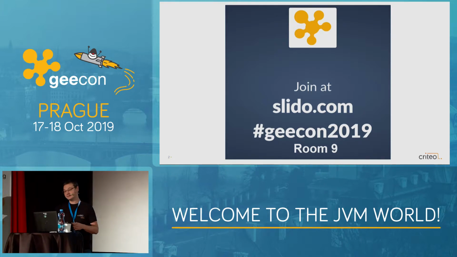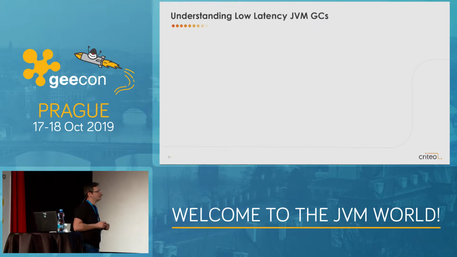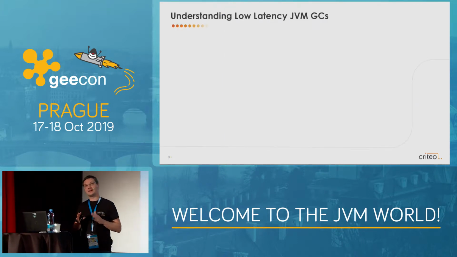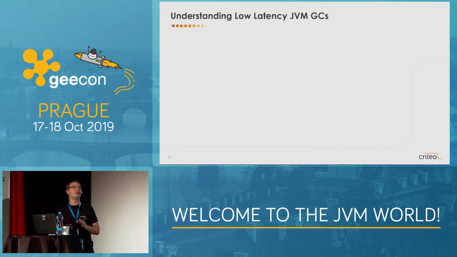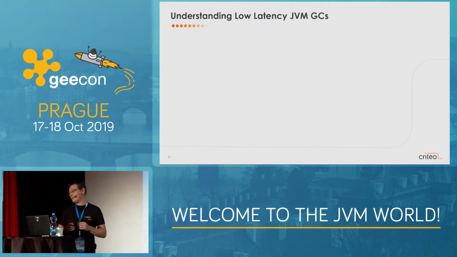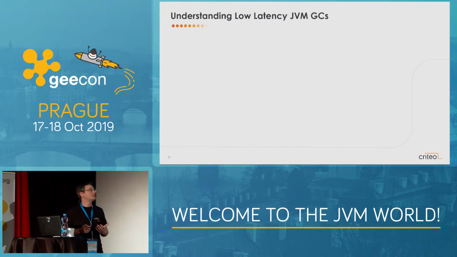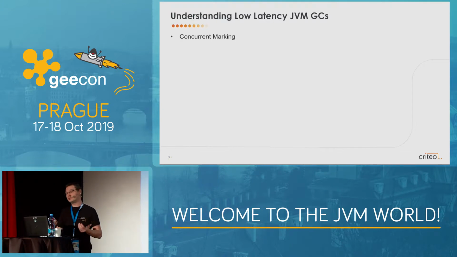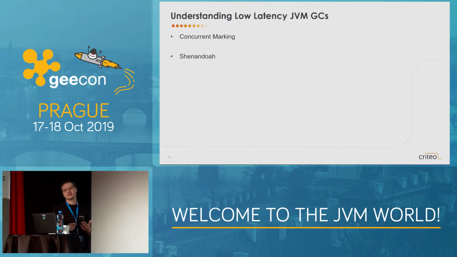In this presentation, I'm warning you, it's deeply technical. I'm also assuming that you know the GC basics: the mark, sweep, compact phases, and everything for the classical GC. We will go deep into the concurrent part, the concurrent marking first, which is common to the low latency GCs.